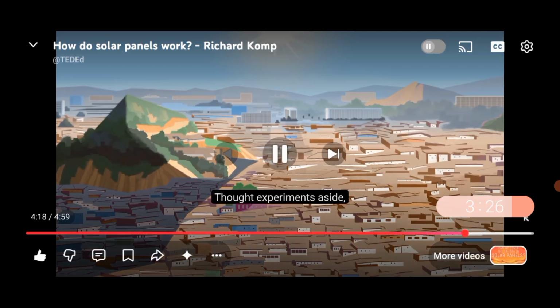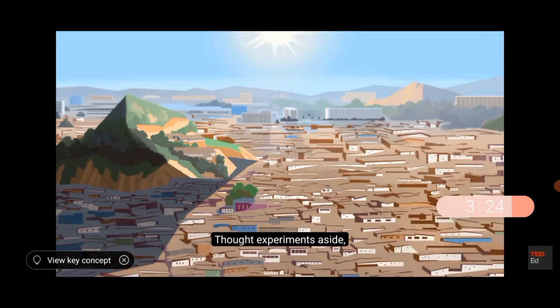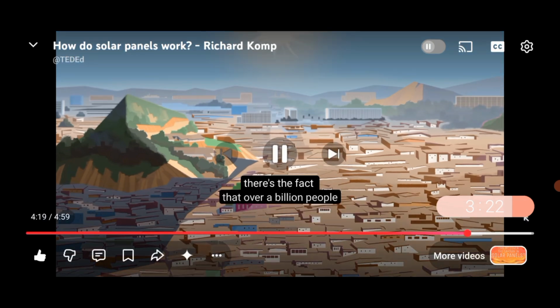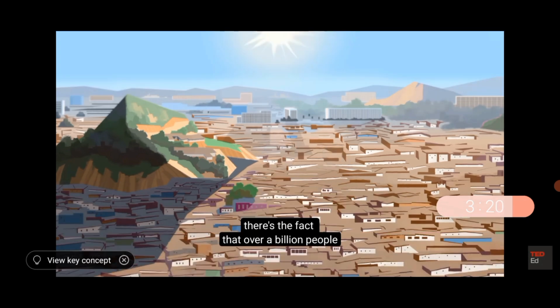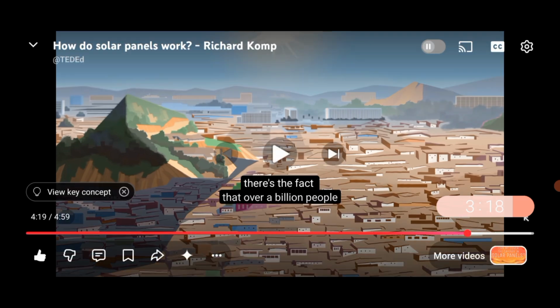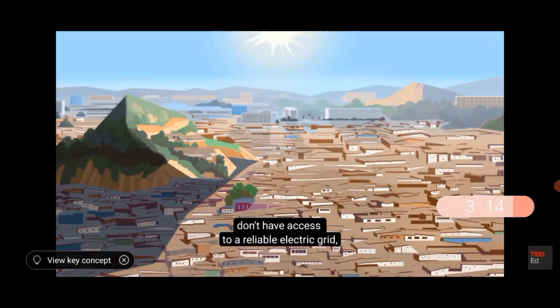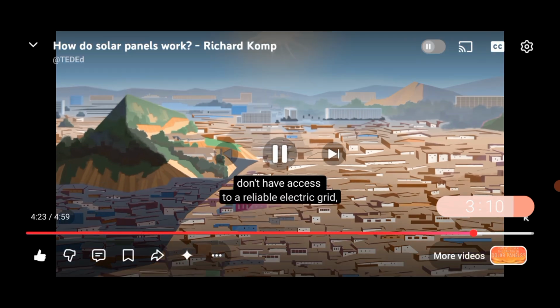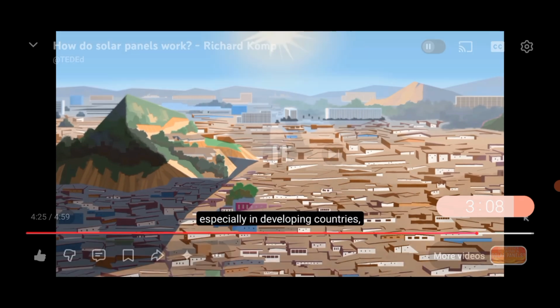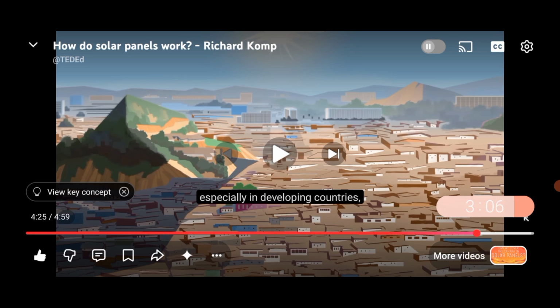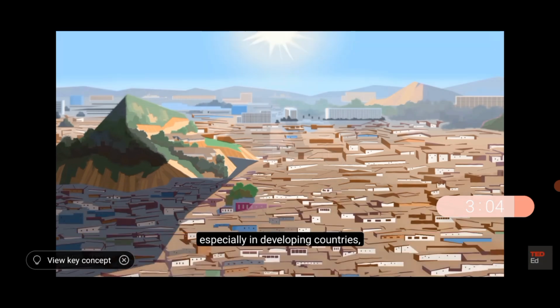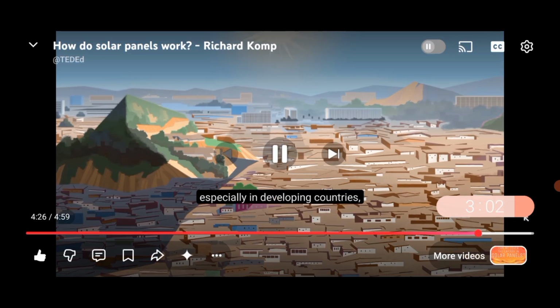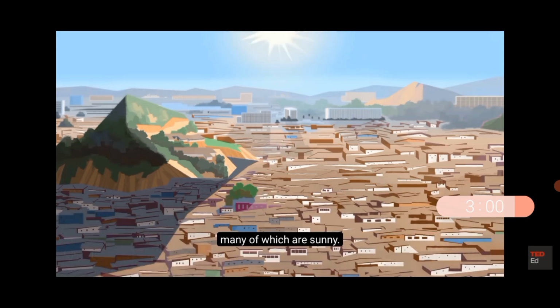Thought experiments aside, there's the fact that over a billion people don't have access to a reliable electric grid, especially in developing countries, many of which are sunny.